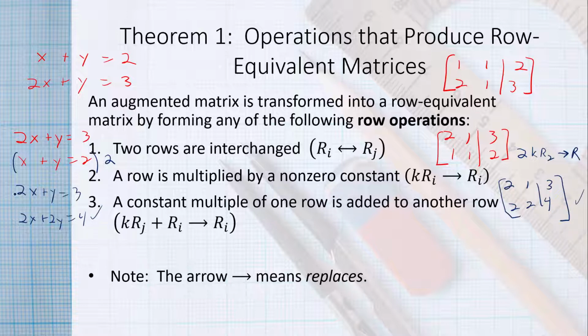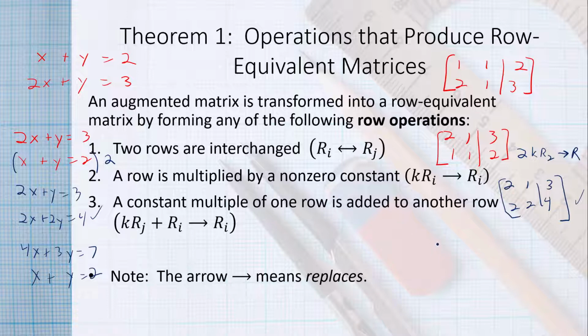So what we did here is the same as what we did here. And then finally, we could add these two together, and that would give us 4x plus 3y is equal to 7. We could have that be our first equation, and then we can come back and have x plus y is equal to 2. This would still be an equivalent system.